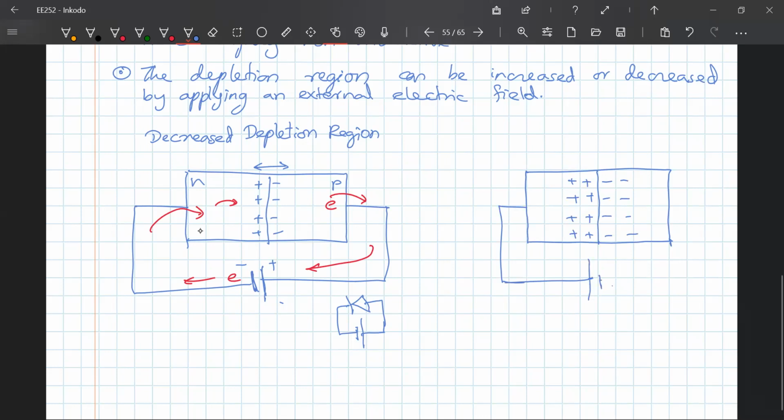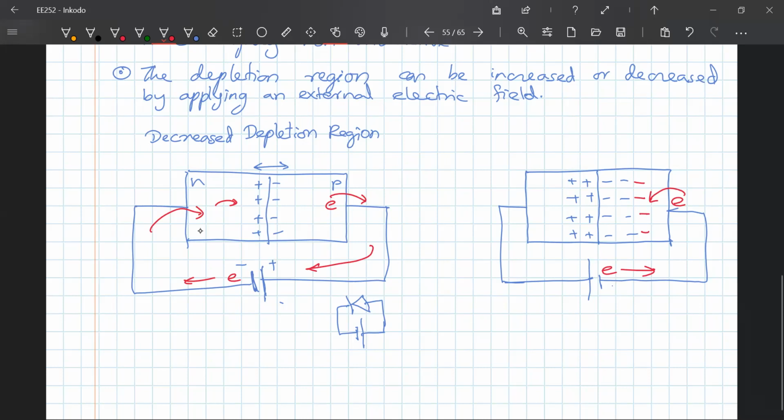Now this is the positive and this is the negative. What will happen now is the electrons here will actually go into this, and now these electrons have more energy because of this external energy source, the battery, and they will be adding to it. More, the depletion layer is increased.